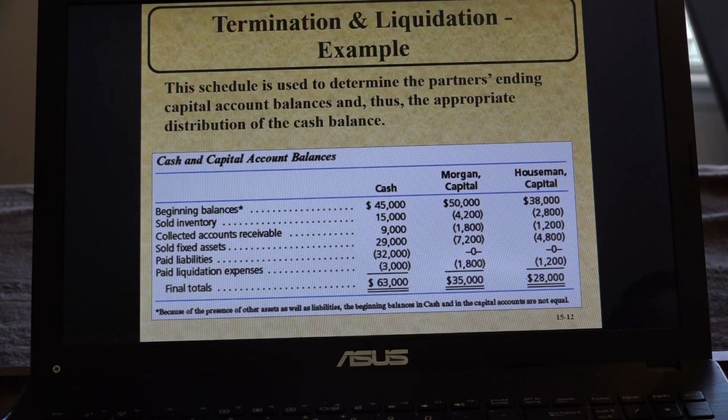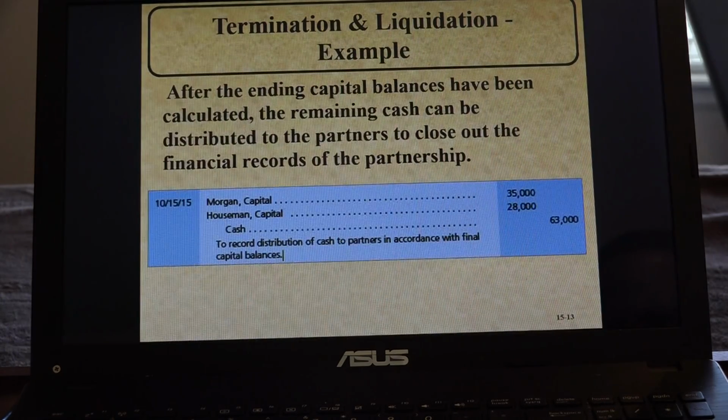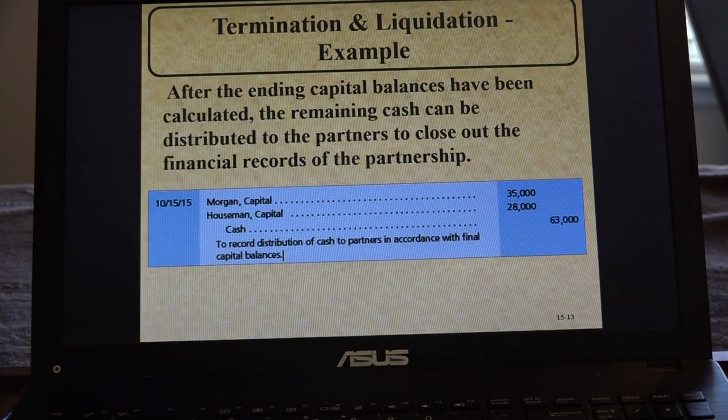Hausman has $28,000, and of course you have the total of that sitting there in cash, and so you simply debit Morgan's capital account for $35,000, debit Hausman's capital account for $28,000, and you're going to credit cash, and that's going to close out your financial records for the partnership.